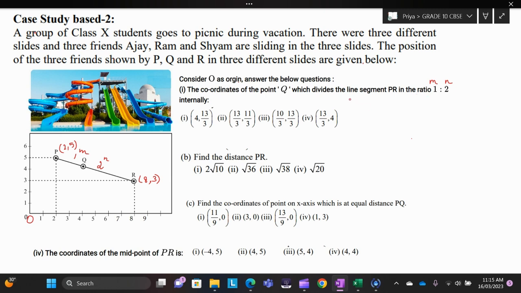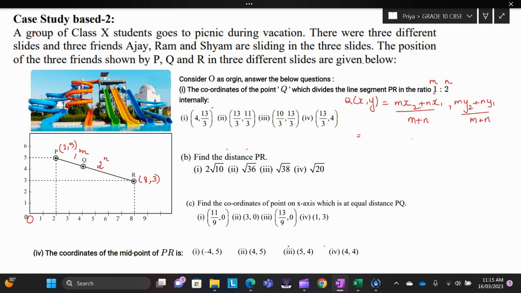So can we apply the formula to find the coordinates of the point which divides the line segment internally? So what is the formula? Q of x comma y is equal to (m x2 plus n x1) by (m plus n), comma (m y2 plus n y1) by (m plus n), isn't it?